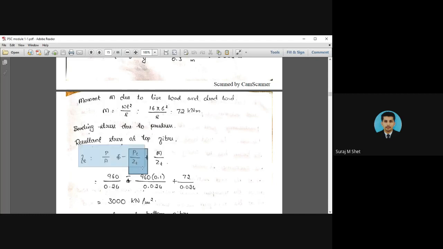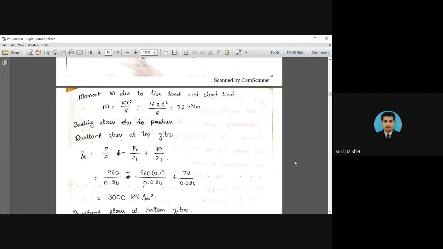This is the second formula to calculate the resultant stress at the top: Ft is equal to P divided by A minus P into E divided by ZT plus M divided by ZT. This is the resultant at the top. Why am I writing T as a suffix? T indicates the top of the fiber. Whatever you calculate, top and bottom, this indicates top. Okay. Then substitute the values.